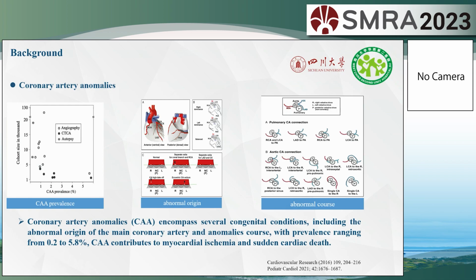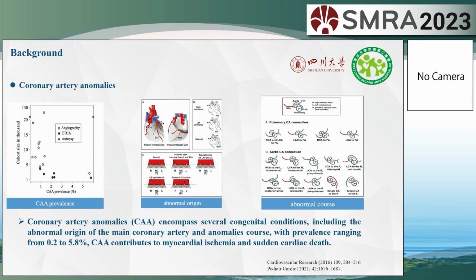Coronary artery anomalies, or CEA, encompass several congenital conditions, including the abnormal arrangement of the main coronary artery and anomalous course, with prevalence ranging from 0.2 to 5.8%. CEA contributes to myocardial ischemia and sudden cardiac death.